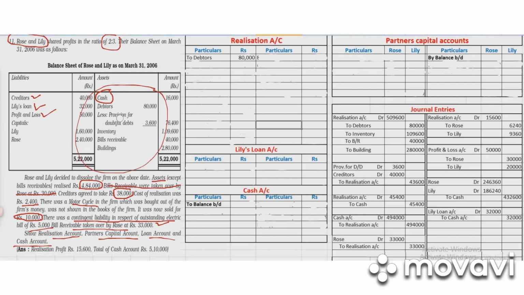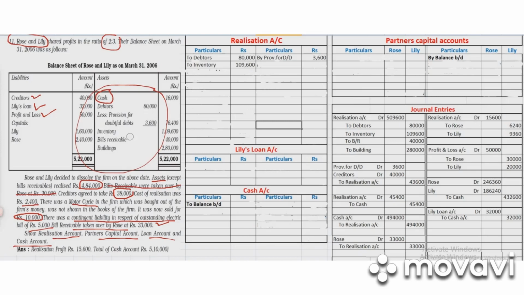Now this provision for doubtful debts, immediately you put it on the credit side because it is a liability, so it should go to the liability side. Now the next one is inventory. It is stock. Put it there, 1,09,600.